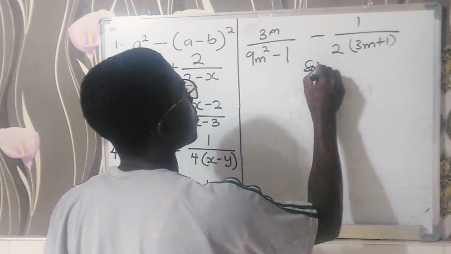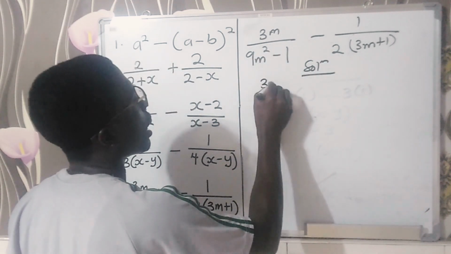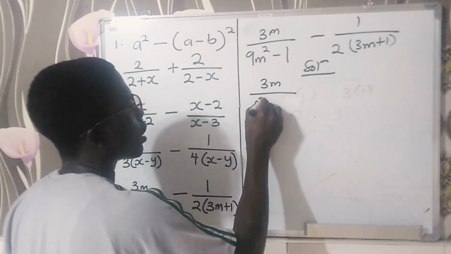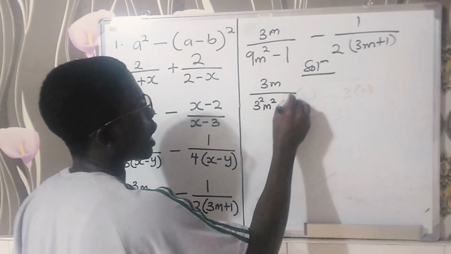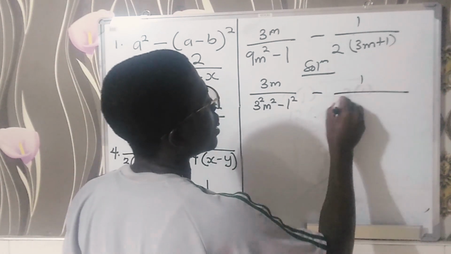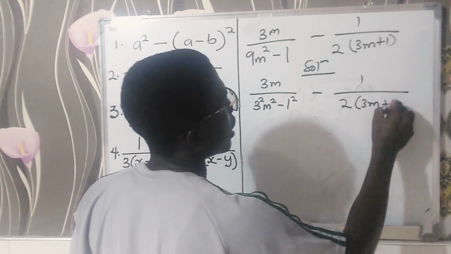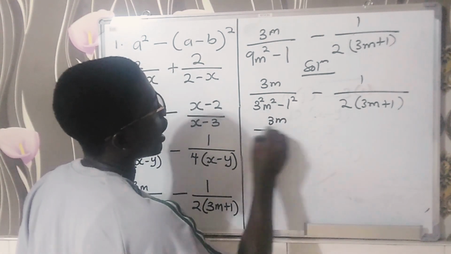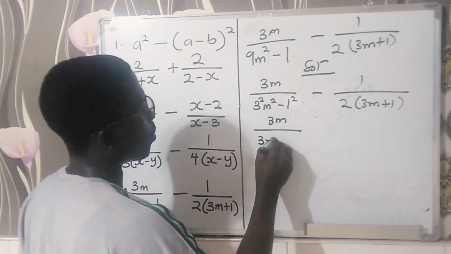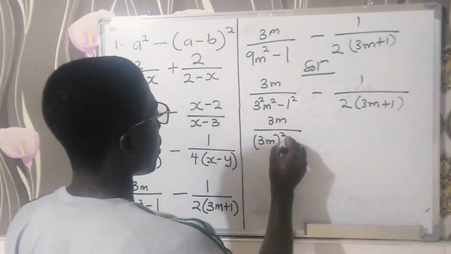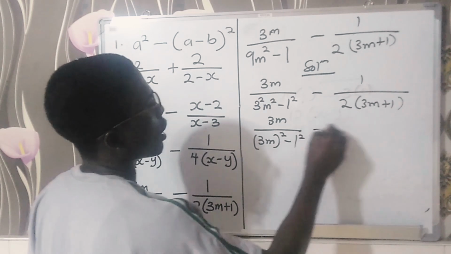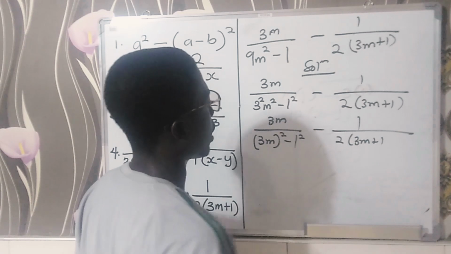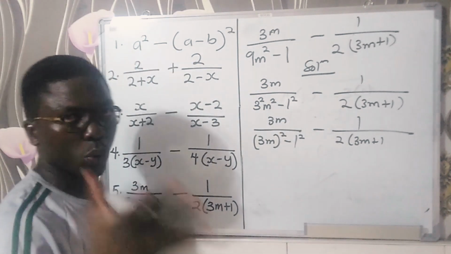So we have our 3m here, and we have our 3 squared, and m squared minus our 1 squared. And then we maintain this as it is, 3m plus 1. So we still have our 3m, and then all this will be 3m all squared minus 1 squared. We maintain the same thing, 3m plus 1. And so we know what to do.